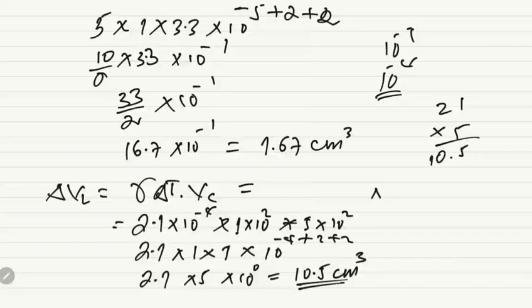Now the change in volume apparent, or the change in volume overflow, is equal to the change in volume of the water minus the change in volume of the container.